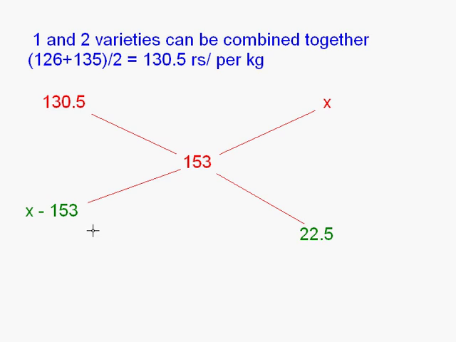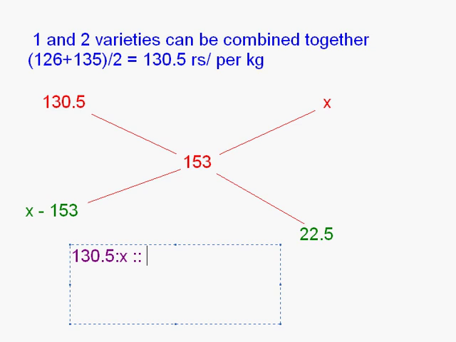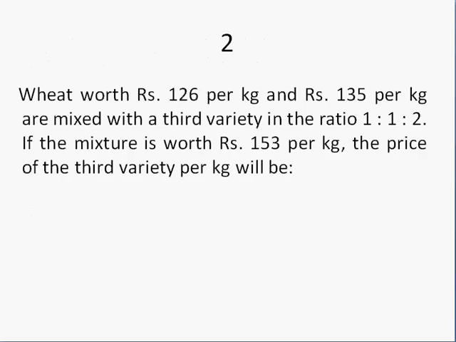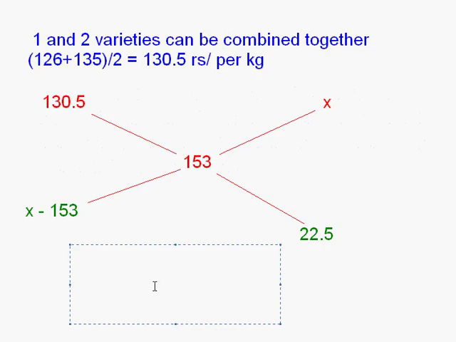The ratio of the first and second quantity, we do not need to write that, because like I told you, the first two quantities were in ratio 1:1, so when we took the average it became 2:2. So these two quantities are also equal. So we can just write x minus 153 is equal to 25.5. Okay, so x will be equal to 178.5.